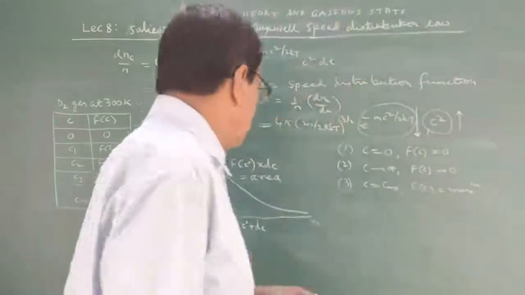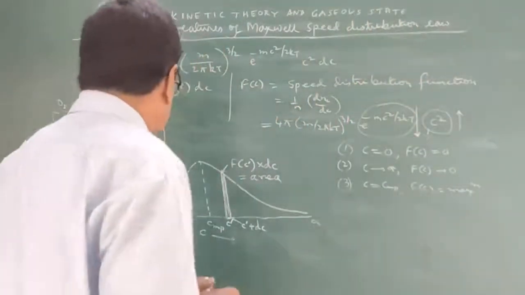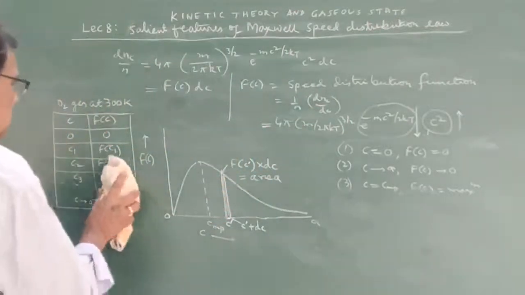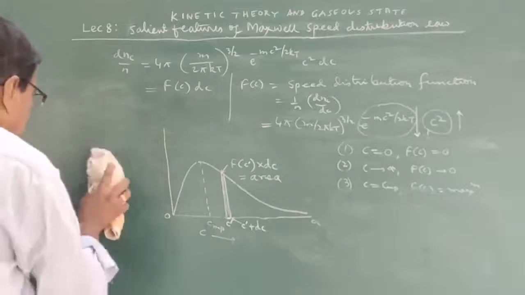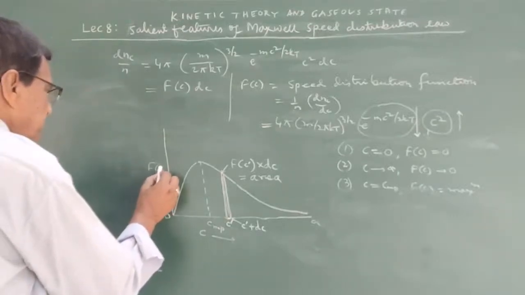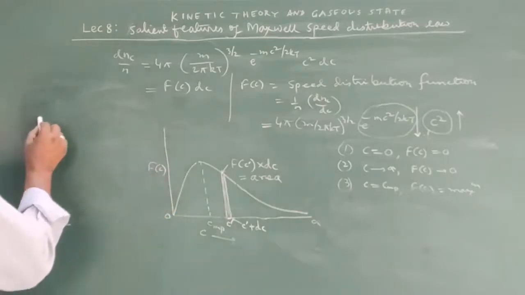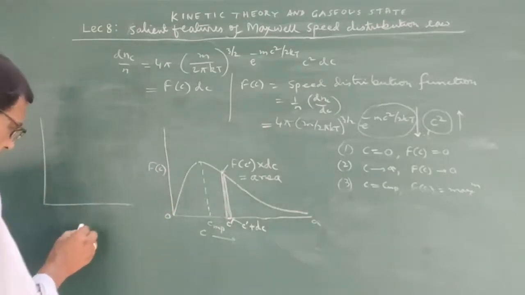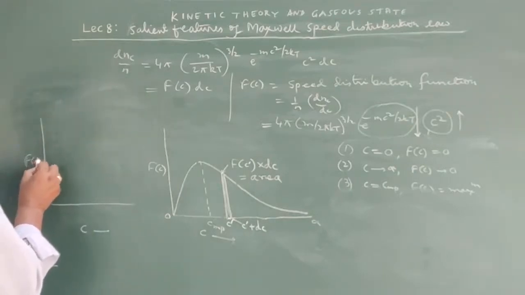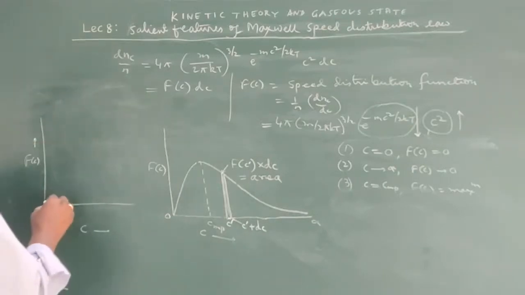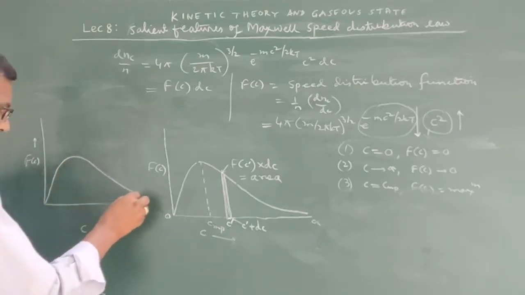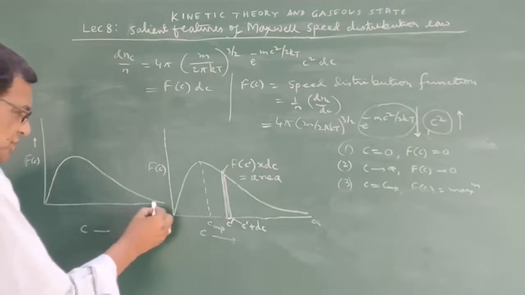Then again we can draw another sort of curve. This sort of curve. Suppose here it is C, and here it is f(c), and this curve starts from the origin and increases and then becomes asymptotic with this C axis.